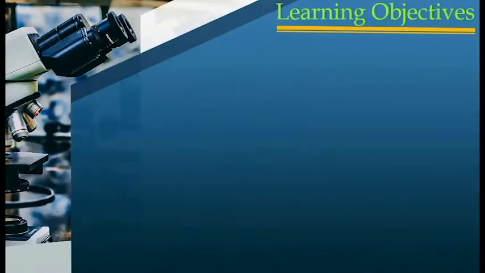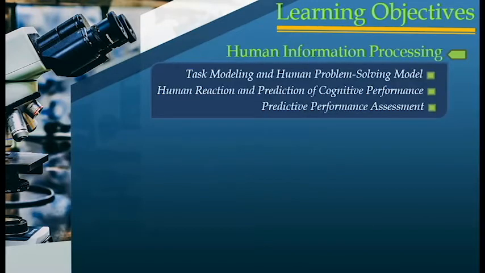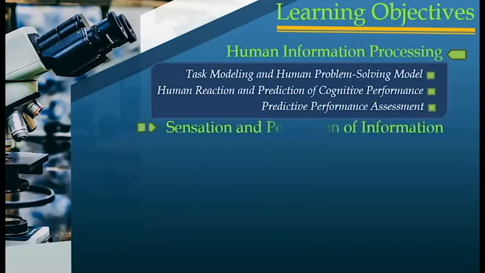So we have here in this chapter, these are the learning objectives. First, we have human information processing. Under here, we have task modeling and human problem solving model, and then human reaction and prediction of cognitive performance, and then we have predictive performance assessment. Then also, we have sensation and perception of information.